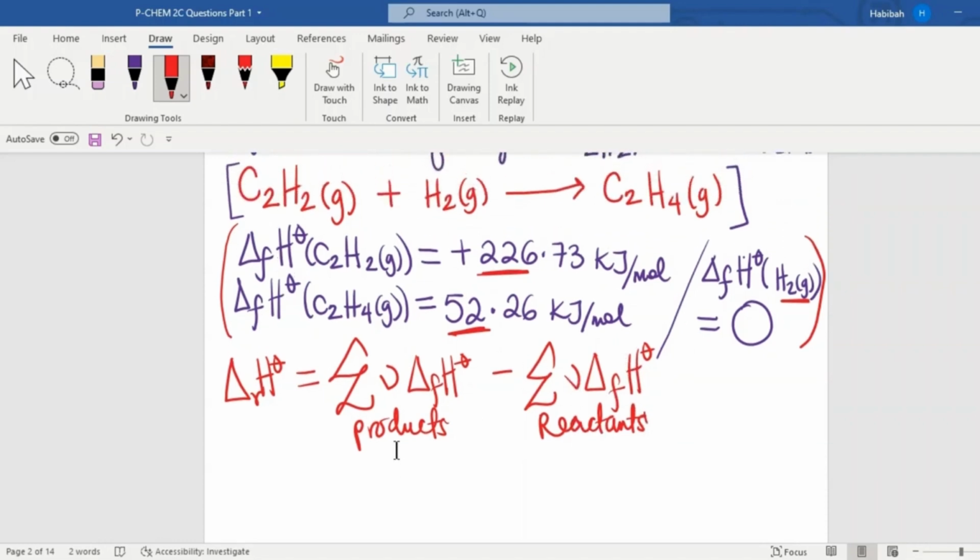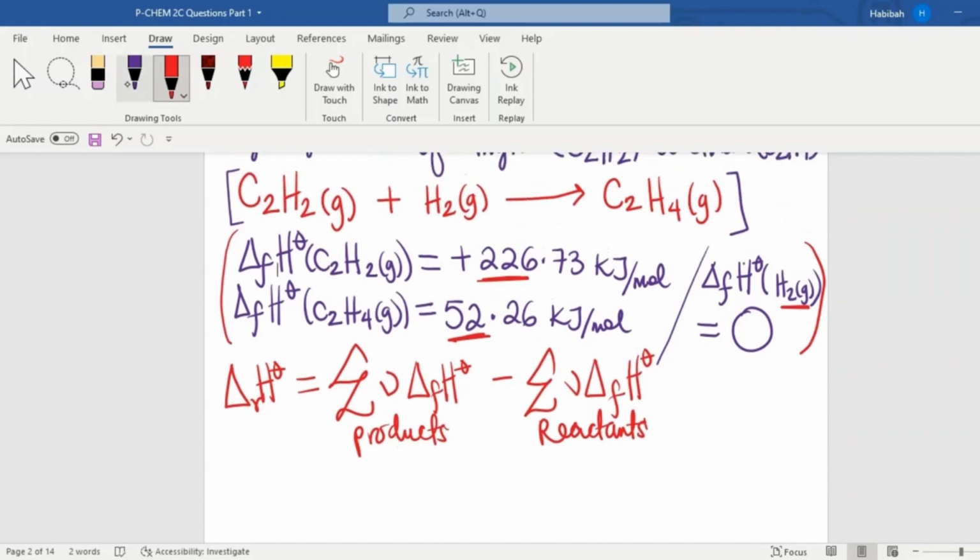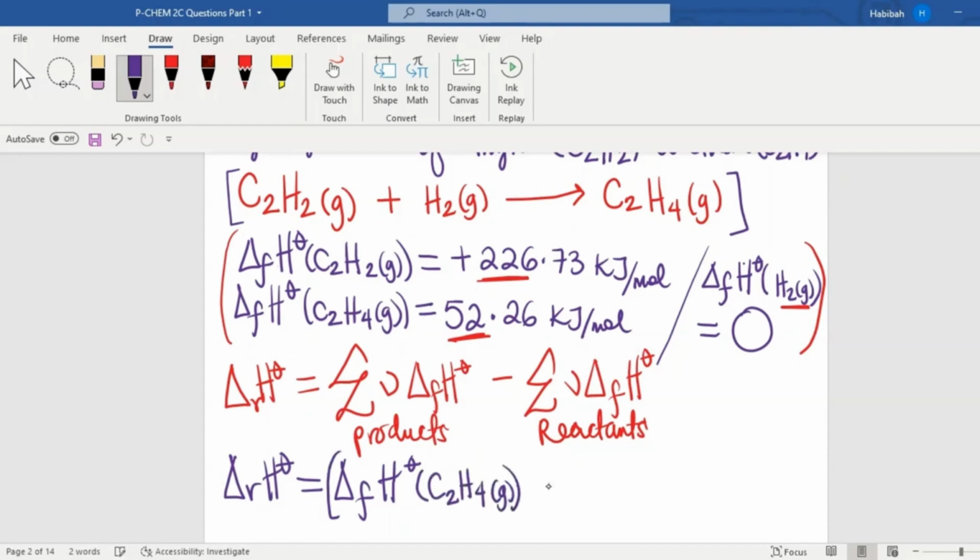So the translation of this question in terms of this formula is simply the change in enthalpy of reaction equals the change in enthalpy of formation of the products. Our product here is just C2H4, which is ethene, gas, minus the sum of the change in enthalpy of formation for the reactants.